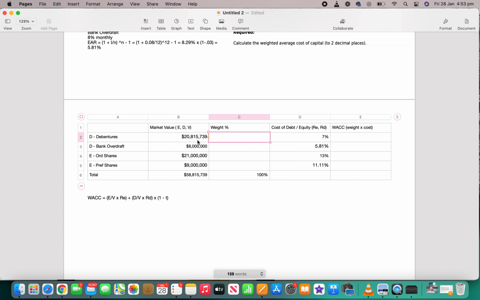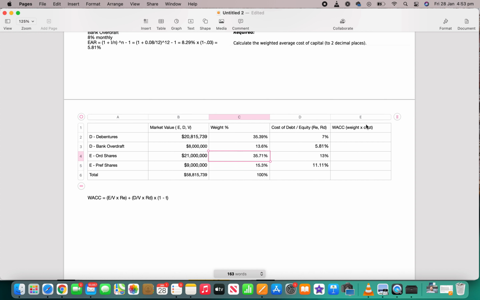The weighting of the debentures is 20 million over 58 million, so that's 35.39%. Then working down, 8 million over 58 is 13.6%. Then 21 over 58 is 35.71%, and then we've got 15.3% here.